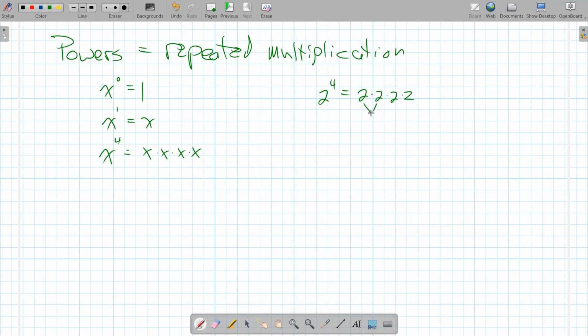Check it out, right? 2 times 2 is 4. Then I got to multiply by the other 2. So I did 1 multiplication. 4 times 2 is 8. Still have 1 more 2 to go. 8 times 2 is 16. I multiplied 1, 2, 3 times. So the power isn't the amount of times you multiply, it's how many times you write the base.